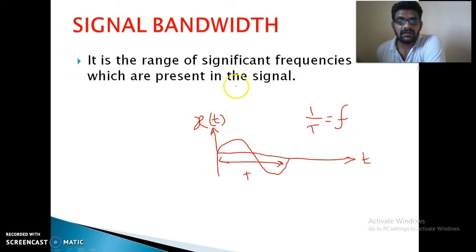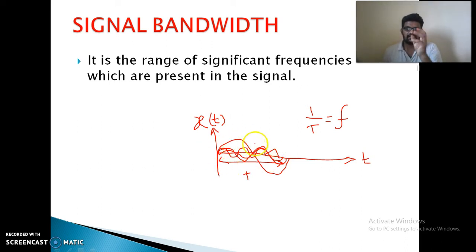That is, a signal can have a fundamental component f naught, a second harmonic, that is 2 omega naught, a third frequency, that is 3 omega naught, a fourth component, that is 4 omega naught, like that. A signal consists of n number of frequency components.